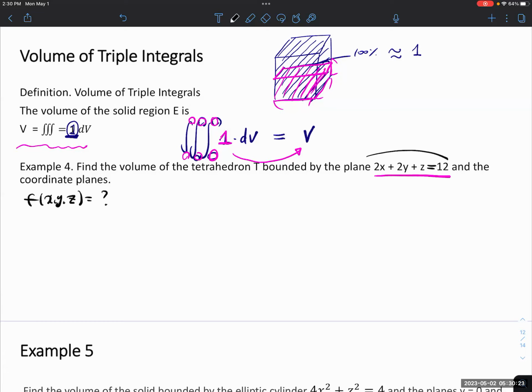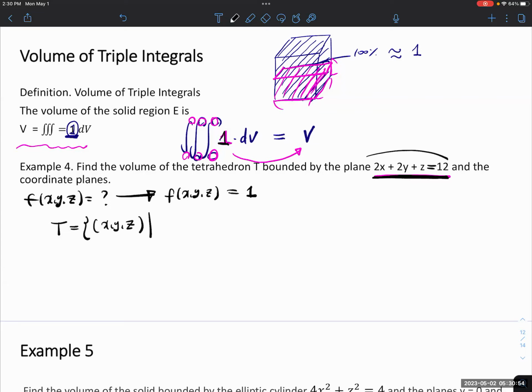It's not given, so you can use 1. You begin with 1 to find the true volume based on the interval. So let's find the interval for x, y, z. In this case, your function is going to be 1.